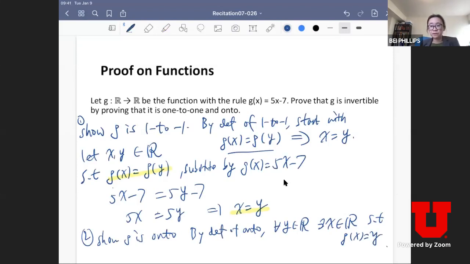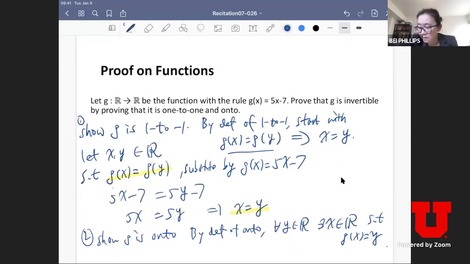So I need to find for any real number in the codomain, there is a number in the domain that maps to it. So how do I find this number? So Peter said before to use y is equal to 5x minus 7 and then solve for x. Yes, perfect. That is the right way to do it, but we can write it slightly differently.